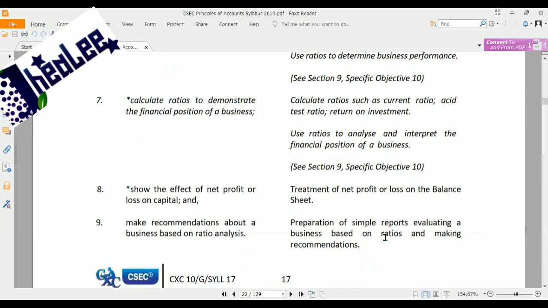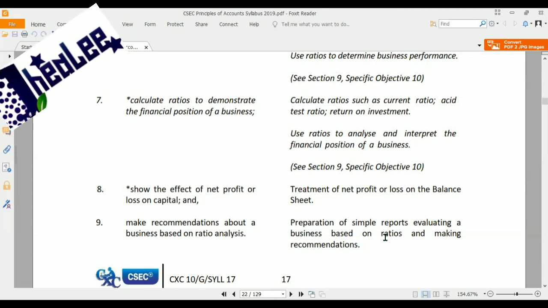Make recommendations about a business based on ratio analysis. So you know, even though you're saying that your business is making a profit of probably $500,000, it may be a case that you're making profit, but you're not making full use of the money. The business may be too liquid, may have too much cash lying idle, etc. So all they're asking you to do is to make recommendations on how to improve on the performance of the business.